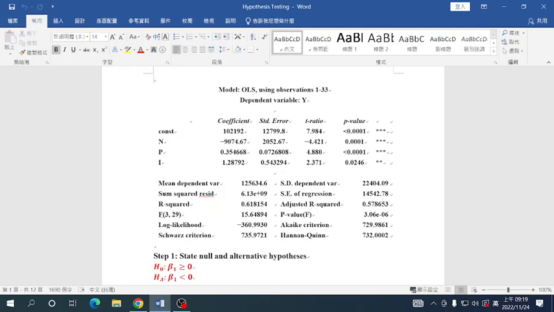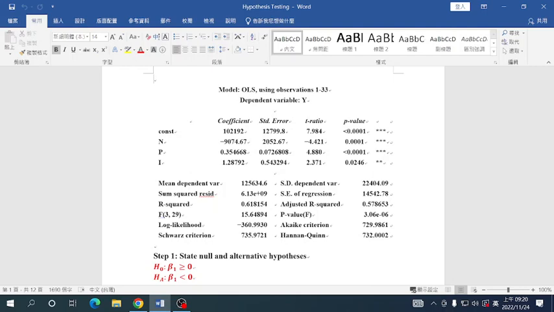The degrees of freedom of the numerator is the same as the number of independent variables. We have 3 independent variables, therefore this is 3. And the degrees of freedom of the denominator is the total sample size minus the number of independent variables and minus the constant. This is the same as for the individual t statistic.